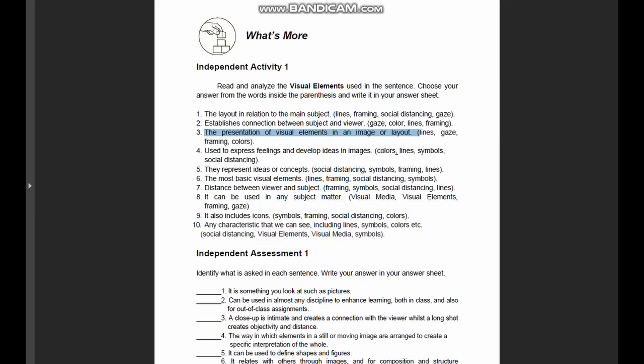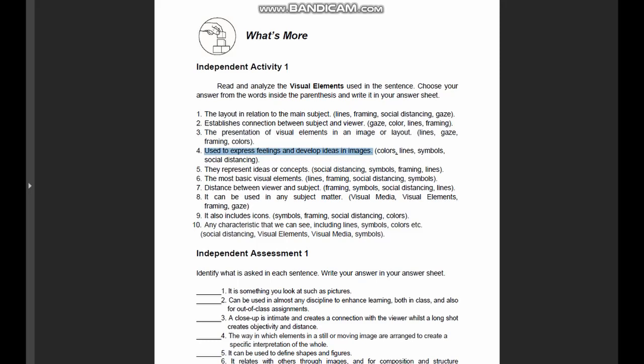Is it lines, gaze, framing, or colors? Number 4, used to express feelings and develop ideas in images. Colors, lines, symbols, or social distancing.